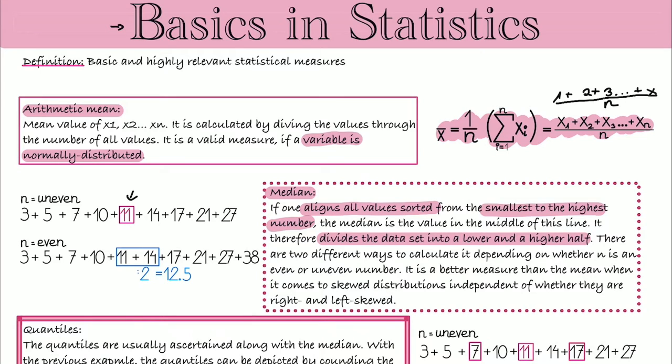As you can see here, the calculation depends on whether the dataset has an uneven or even number of values. The median is a better measure than the mean when it comes to skewed distributions. And usually in a statistical analysis you have both the mean and the median.